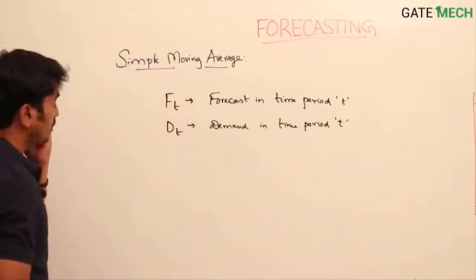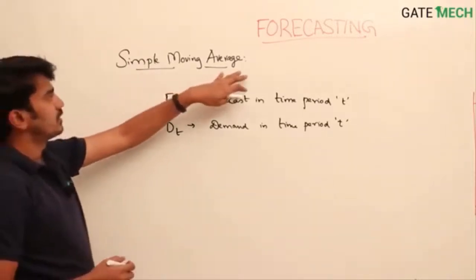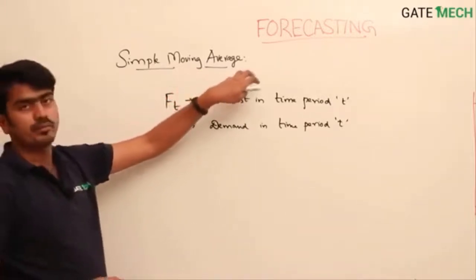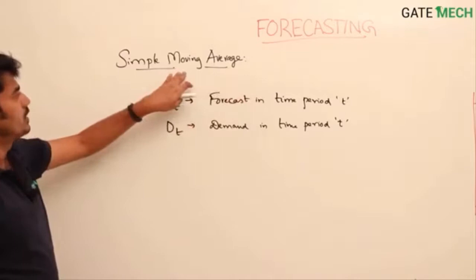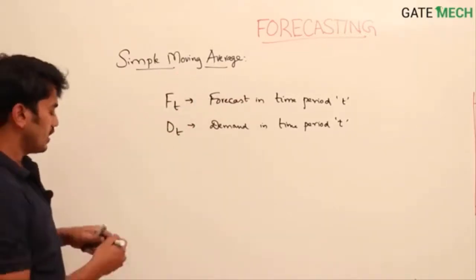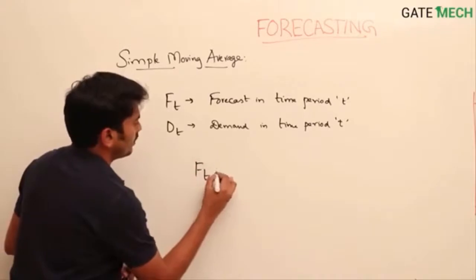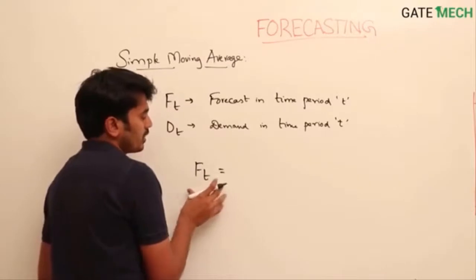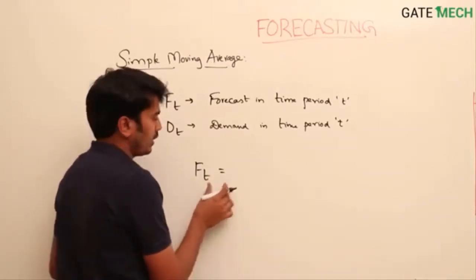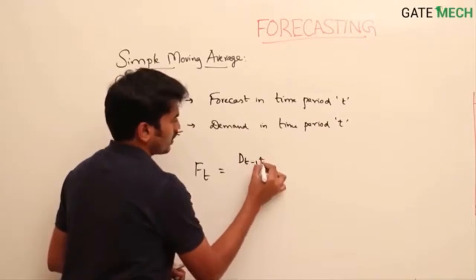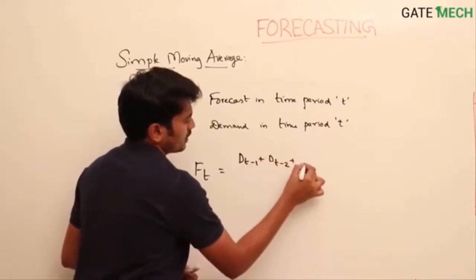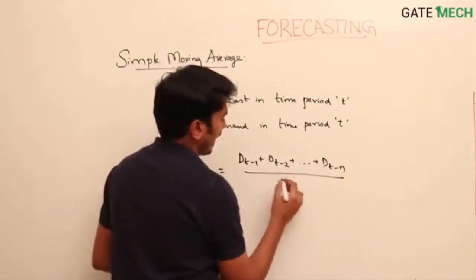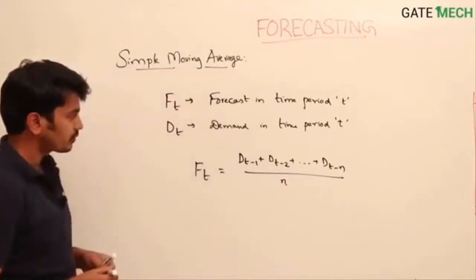Okay, so using the simple moving average method, it shows the term average. We will be taking the average of past demand values, but on a rolling basis. So FT, the forecast in time period T, is derived based on the past n periods' demand values, that is D(t-1) plus D(t-2) and so on up to D(t-n), and the average of these n values.